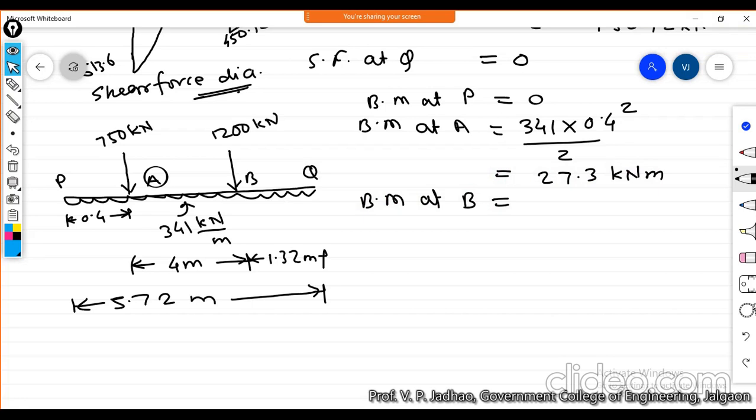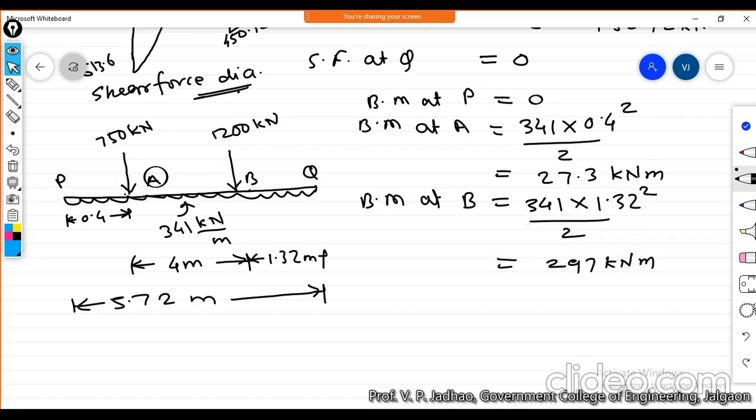We have W equal to 341 kilonewton per meter, L is 1.32 meter, so 1.32 square divided by 2. So the bending moment at point B is equal to 297 kilonewton meter. So we have got the bending moment at points P, A, B. Bending moment at Q will be 0 again because it is the extreme end.